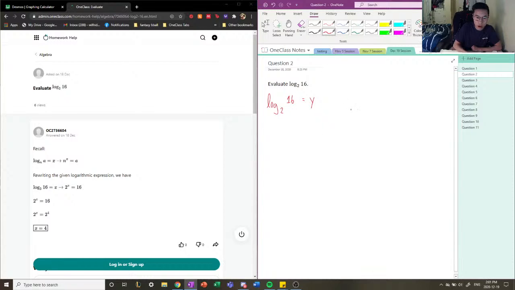The general form would be log of base b of argument a equals x, and this is equivalent to saying b to the power of x equals a. I'm going to write in our arrow as such.